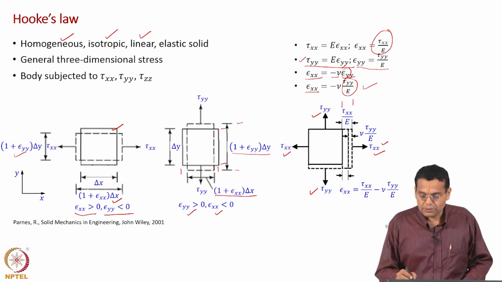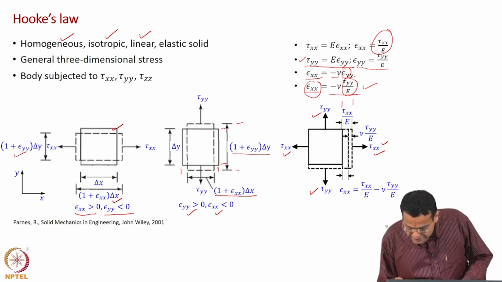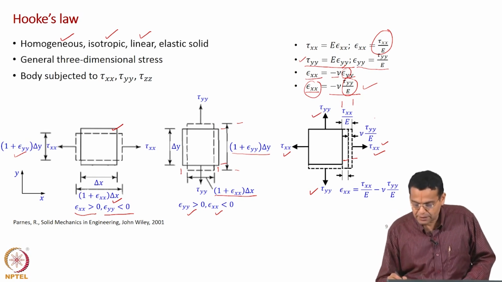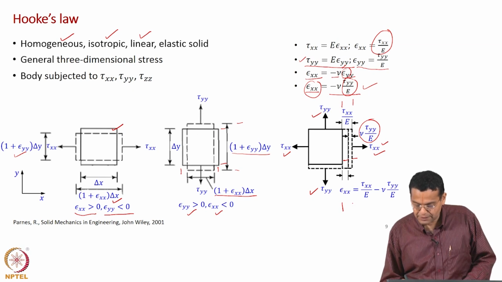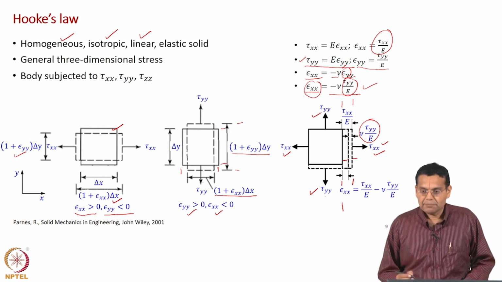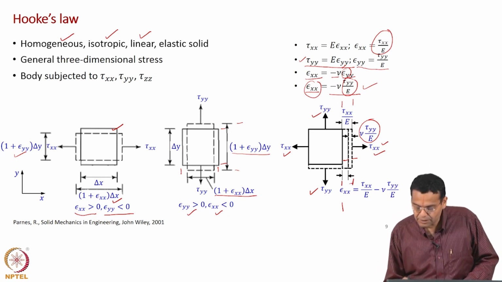Is that okay? So, of course, this is negative, there is a decrease in length which is minus nu times tau yy by E. So, this contraction is nu tau yy by E. If there were no normal stress along y direction, this would have been the increase in length, but because there is normal stress along y direction, there is some contraction.